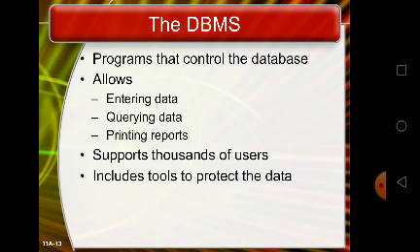For example, each entry has a field for name as well as fields for address, city, state, zip code, and phone. Each unique type of data is stored in its own field.